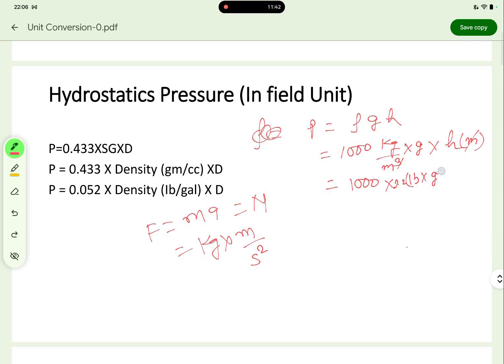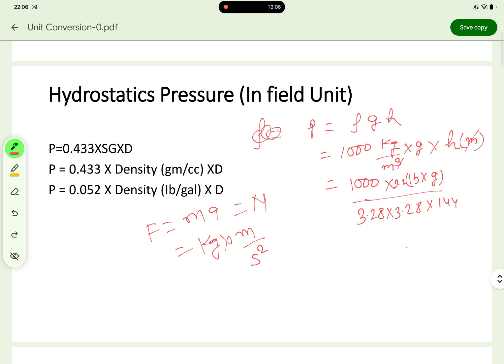I am writing this thing together, and the feet square will be there. Then 3.28 multiplied by 3.28, and similarly I also want to convert into the inch. There will be division of 144. So you will get this thing lbz, right?